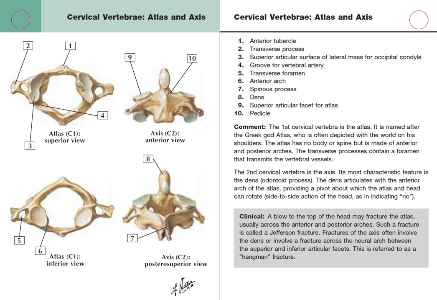Number 1 here, anteriorly, in the atlas vertebra, also known as C1, is the anterior tubercle. Laterally, on the lateral ends of C1, again known as the atlas, is the transverse process. Medially is the superior articular surface of the lateral mass for the occipital condyle.